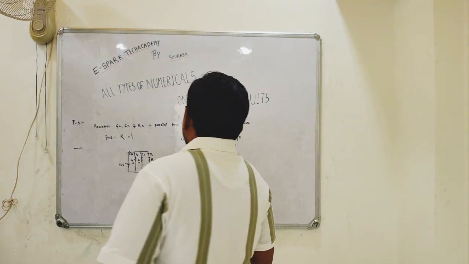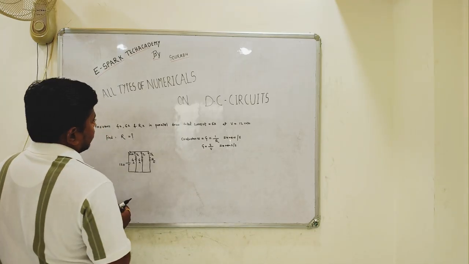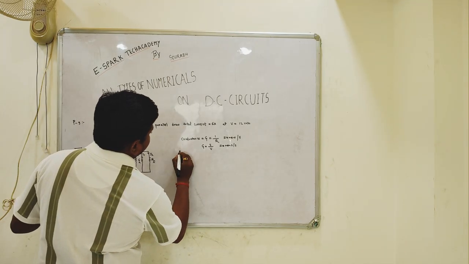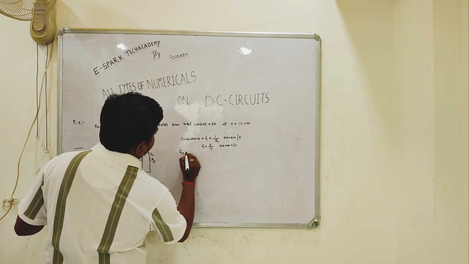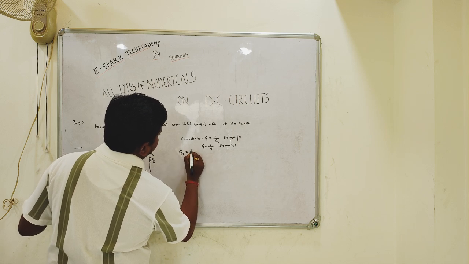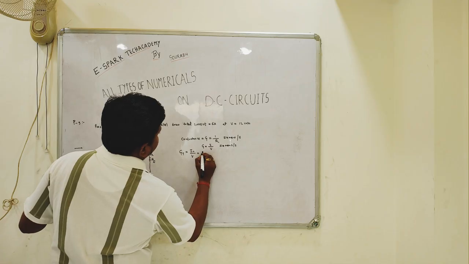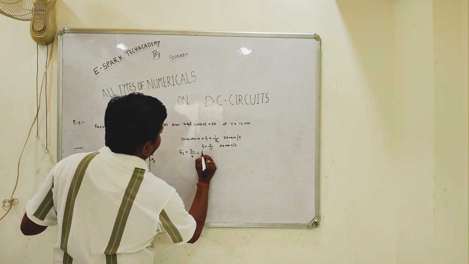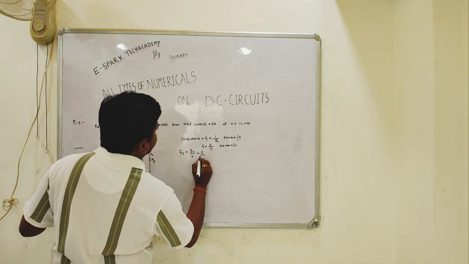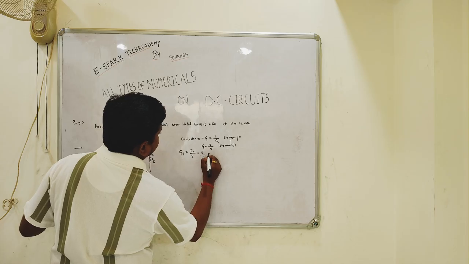Now first we have to calculate the G total, meaning total conductance. Total conductance is nothing but I total divided by V, which is already given. The I total is given as 6 amperes. The voltage is given as 12.